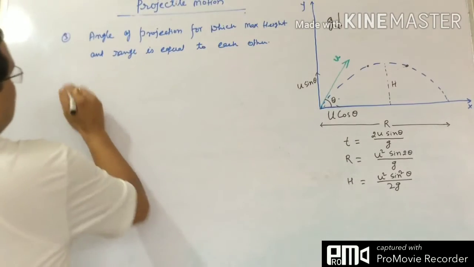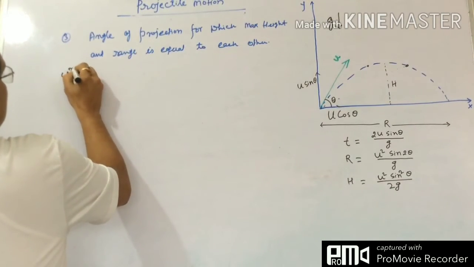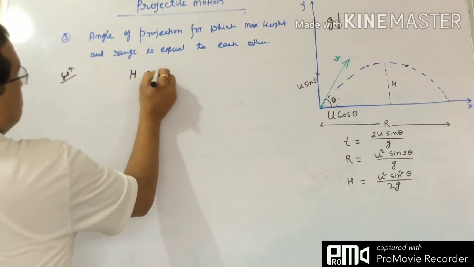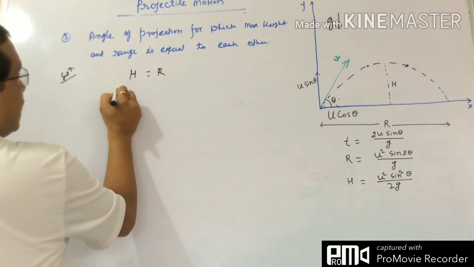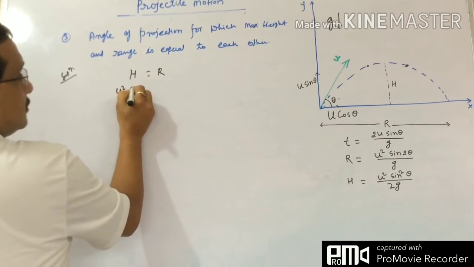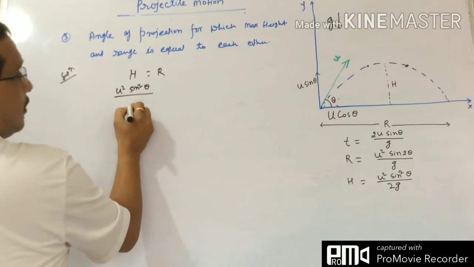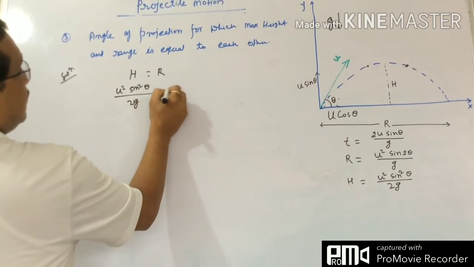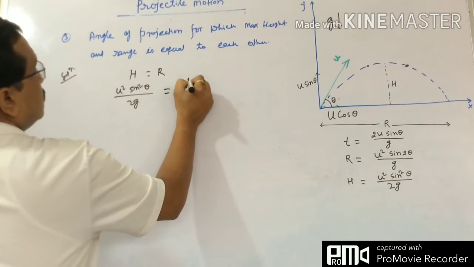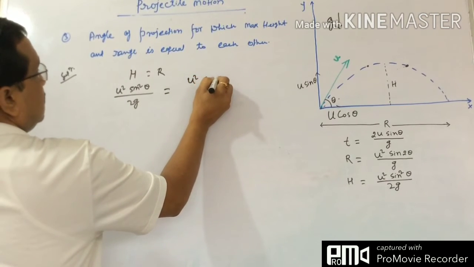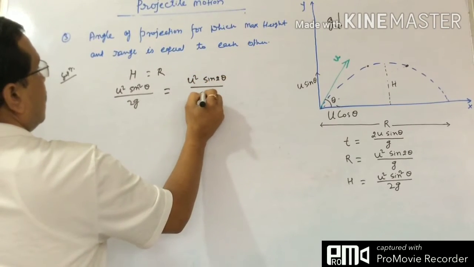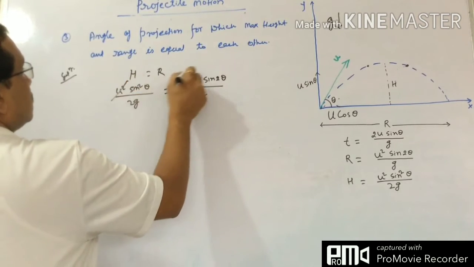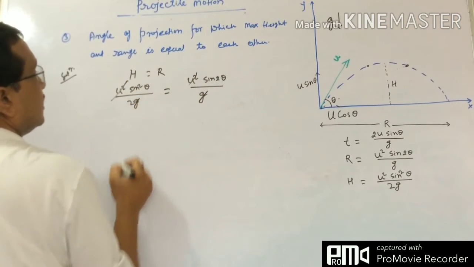Solution according to the question: h equals to r, that is given, means u square sin square theta upon 2g equals to u square sin 2 theta upon g. From here u square gets cancelled, g gets cancelled.